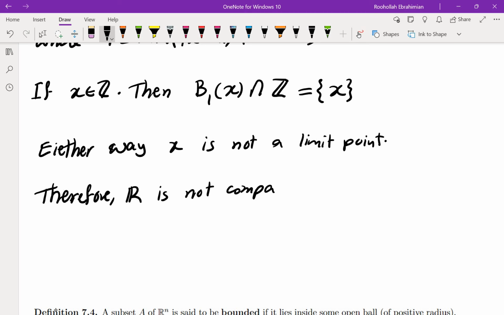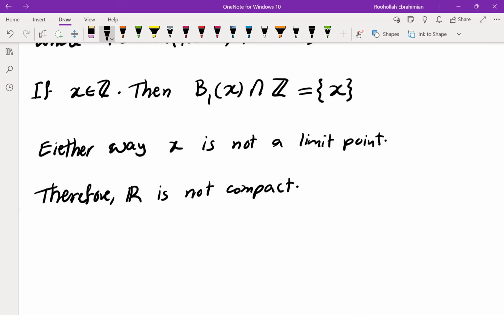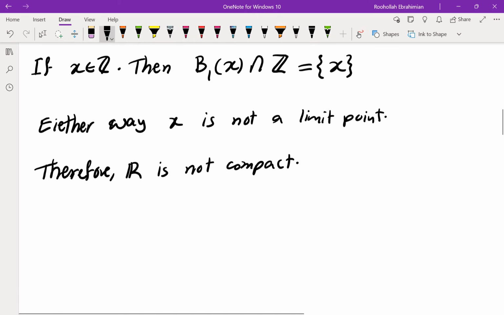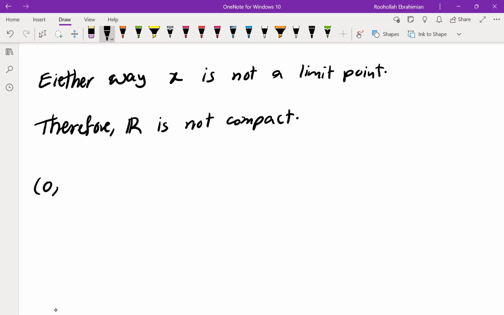because we were able to find a set that was inside R that was infinite, and it didn't have any limit points. Now we're going to look at the other set, (0, 1). For this one, we can't really find a sequence that doesn't converge, that doesn't have a limit point. We can't find something like that because it's kind of trapped between 0 and 1.